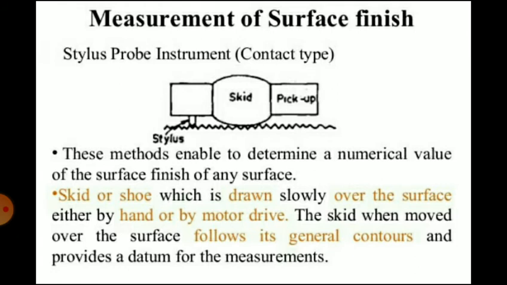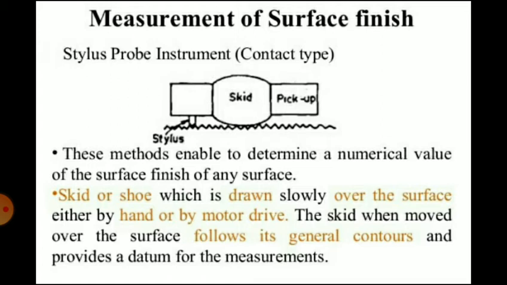It is a contact type instrument. These methods enable us to determine a numerical value of the surface finish of any surface. The skid or shoe is drawn slowly over the surface either by hand or by motor drive.